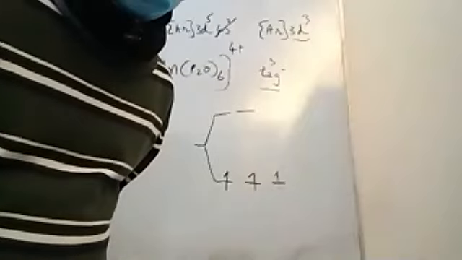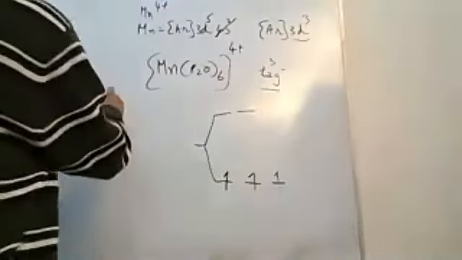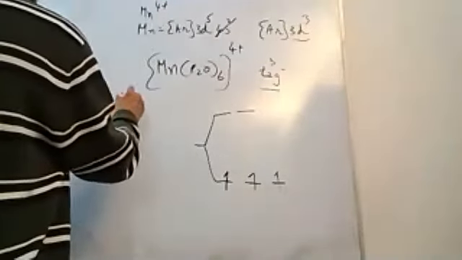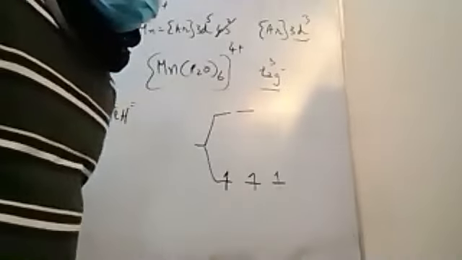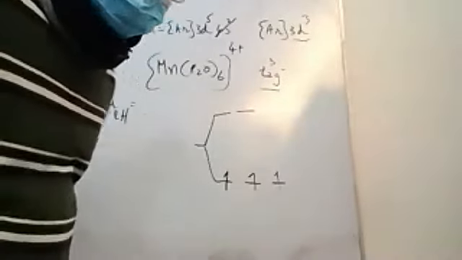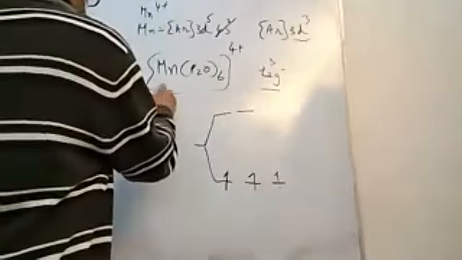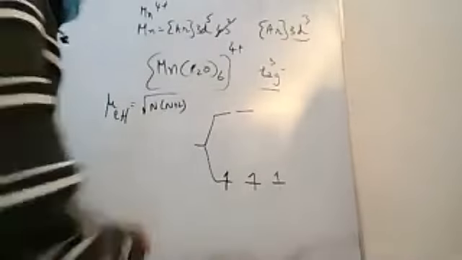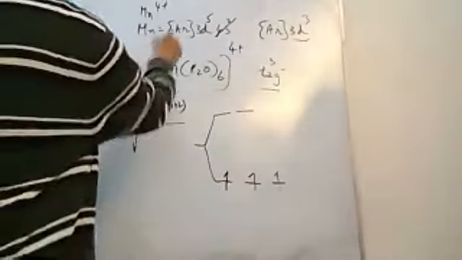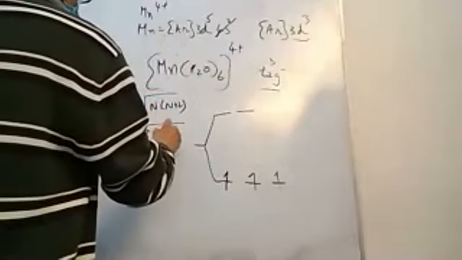Am I making sense here, folks? Suppose I ask you, what is the effective magnetic moment of this complex? That will be the square root of n times n plus 2, where n is the number of unpaired electrons. In this case, we have 3 of them, so 3 times 3 plus 2.